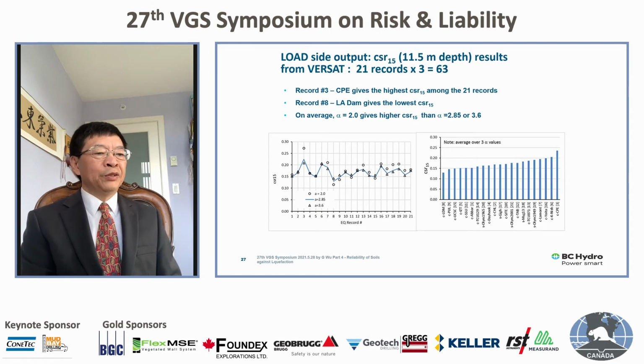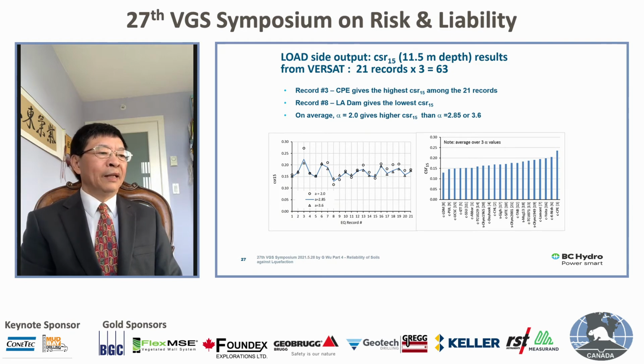The right figure shows the average of the 3 curves for each of the 21 records of the cyclic stress ratio, so that becomes 21 points. I sorted them from low to high.